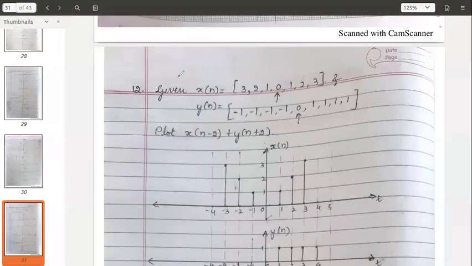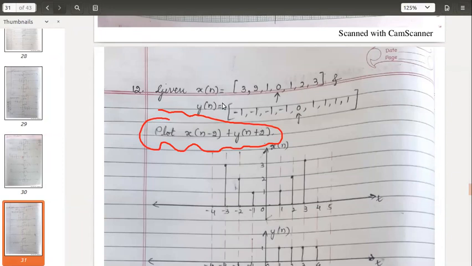Three operations are involved in this problem. 2 shifting operations and 1 addition. 2 shifting operations are with respect to time, but the addition is for amplitude. Okay, so let's do it one by one.